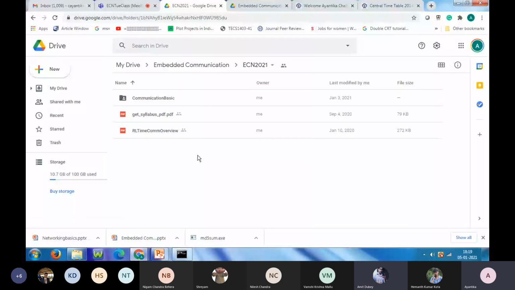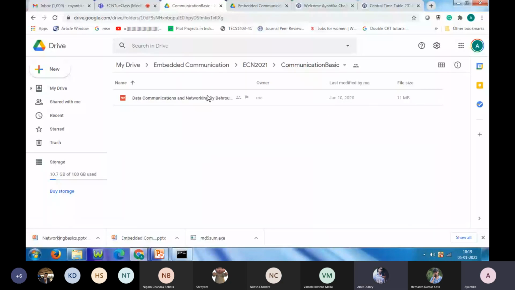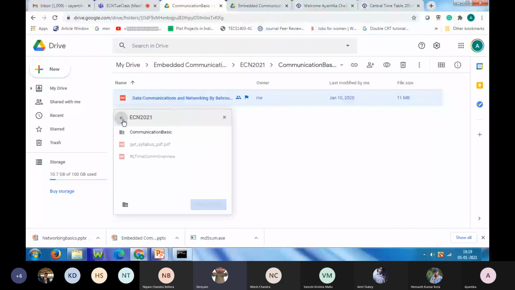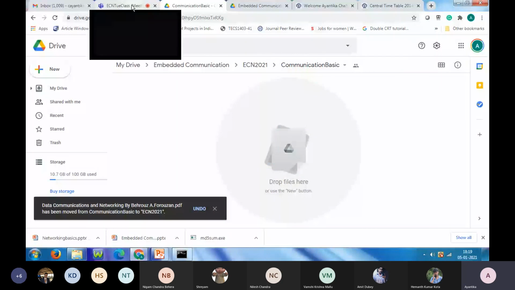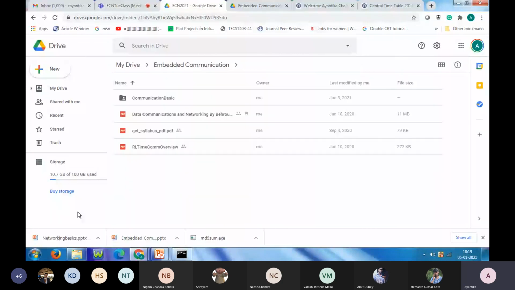Yes, ma'am. This is flagged by the Google team, so you can't share. There is a flag icon right against the public ownership. Okay, now I have moved the book to the outside folder that you can access. Can you check it now?